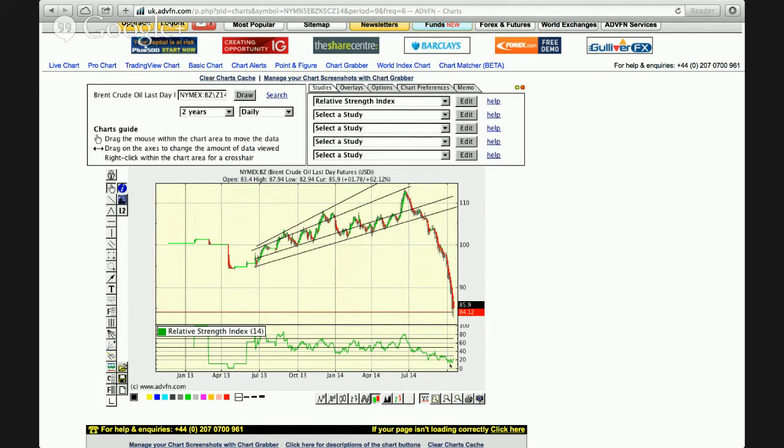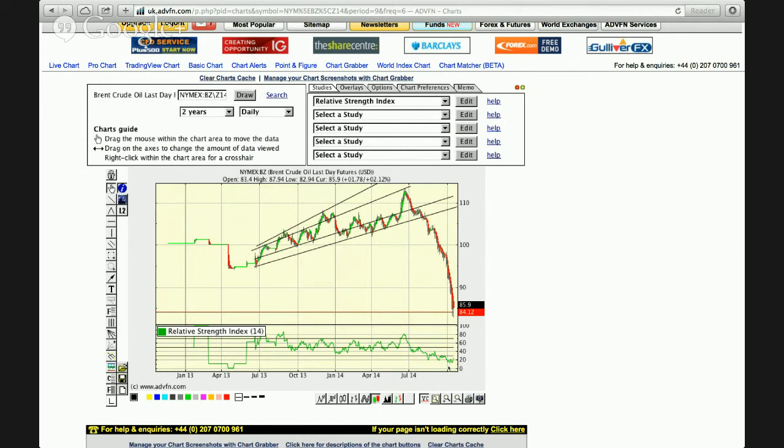If you could draw a line from one of the bottoms to the other, it may have that slight upward trajectory, so that possibly would be seen as a bullish indicator for Brent crude oil. I know there's no other price action indicating a bullish signal because it's all red, all negative price action, but this may identify that there possibly would be a turning point in Brent crude oil.